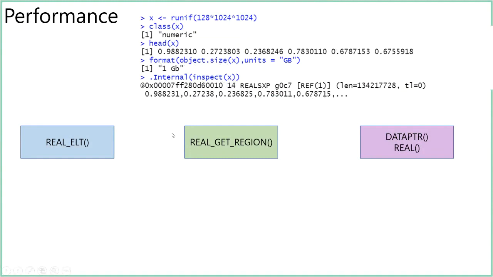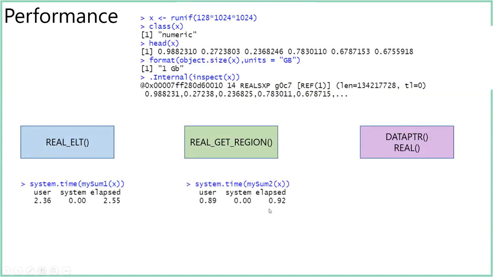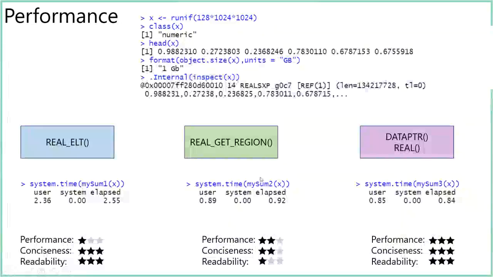And now for the element function, it takes about 2.5 seconds to finish the mySum function. For the region function, it takes less than 1 second to finish. And for the data pointer, it also takes less than 1 second. So this can confirm, at least can confirm my judgment of the performance.